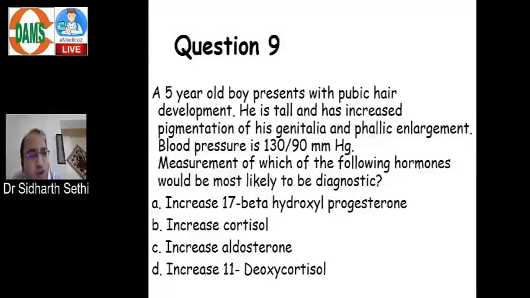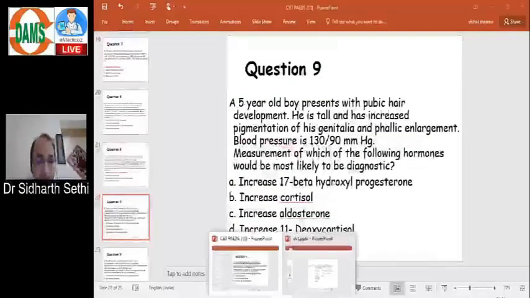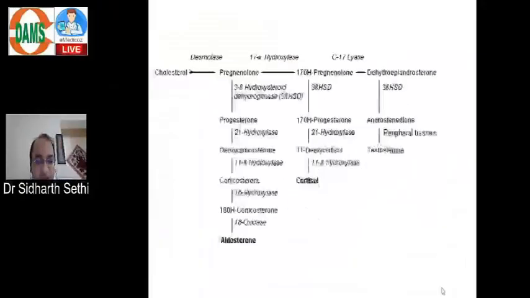And remember 120/80, you must have heard about 120/80. 120/80 is always hypertension in children less than 10 years. This is hypertension grossly.